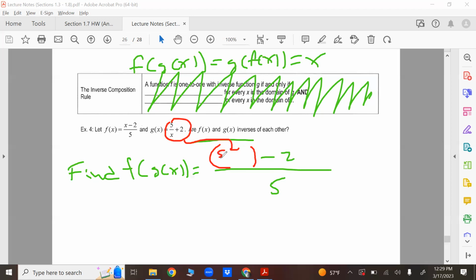Exactly. So you get 5 over x plus 2 minus 2, all over 5. So you get 5 over x.